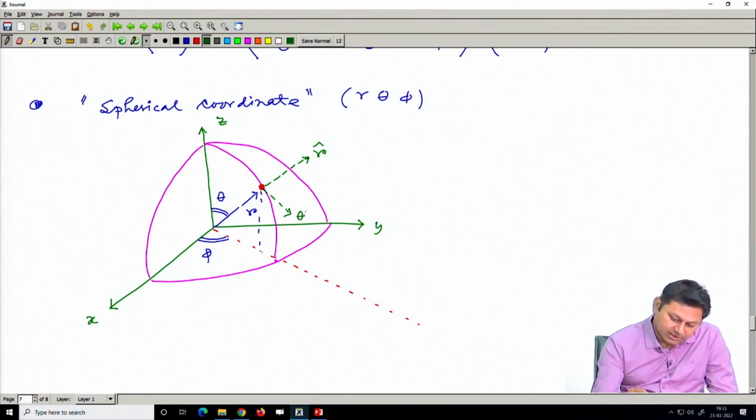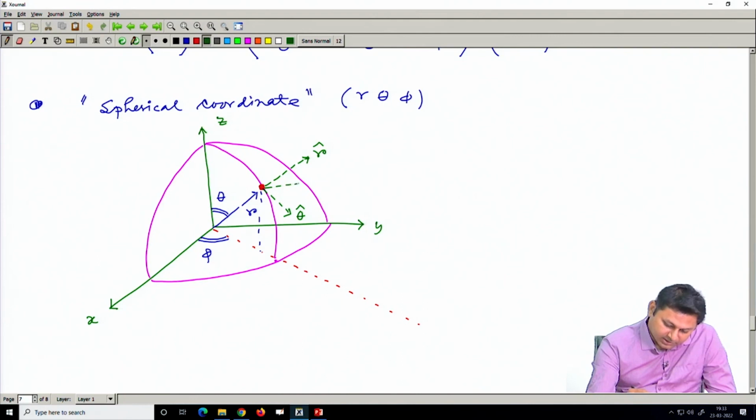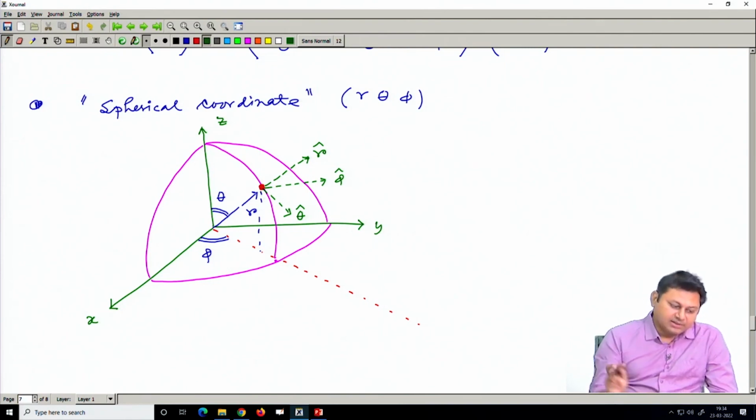And the phi unit vector will be along this tangential direction. So, these are the three unit vectors we have at this point. Along this direction it is r, the tangential direction it is phi, and the downward tangential direction it is theta.